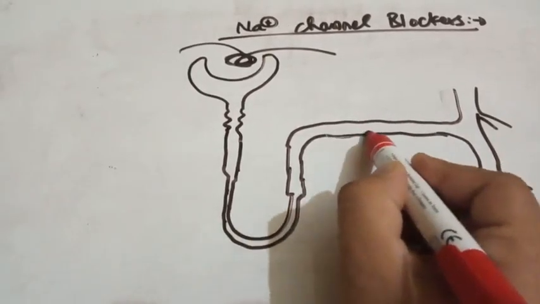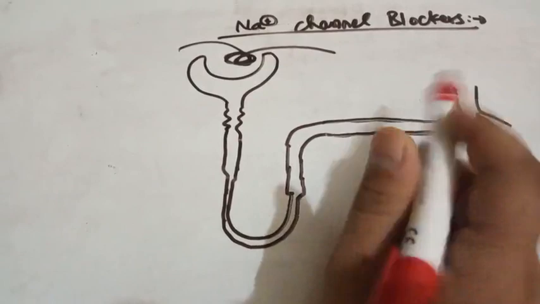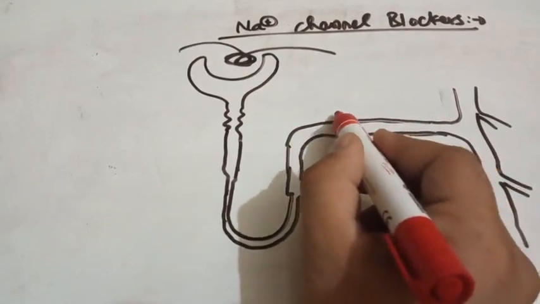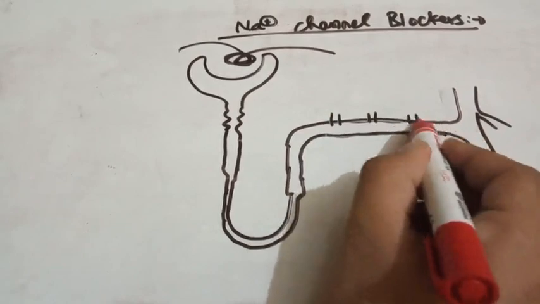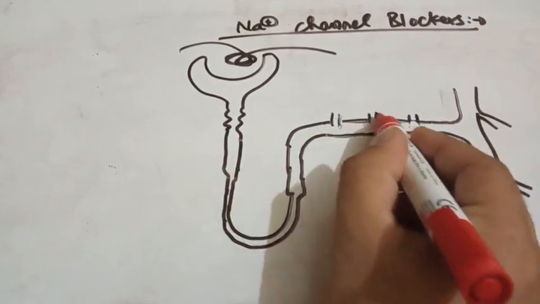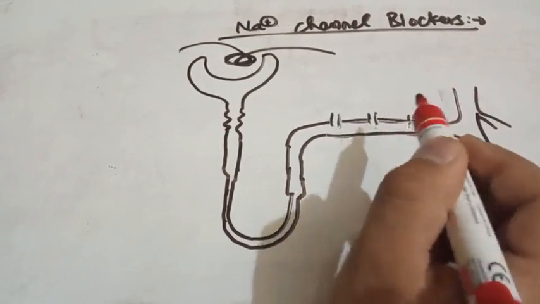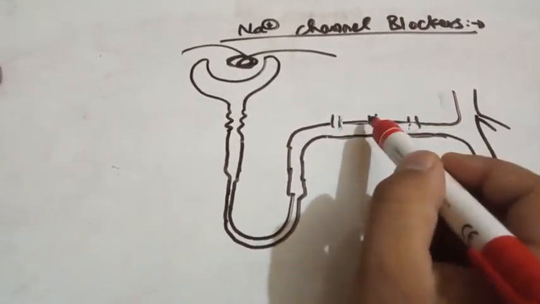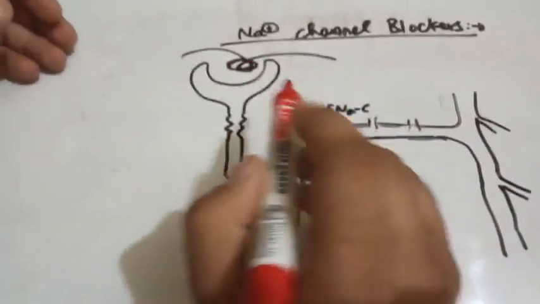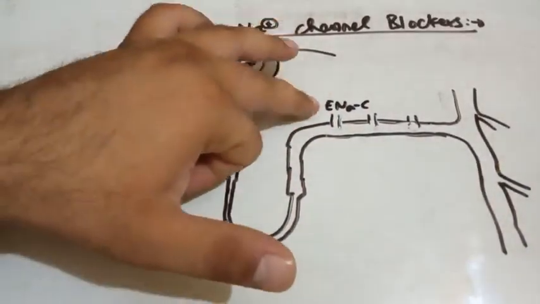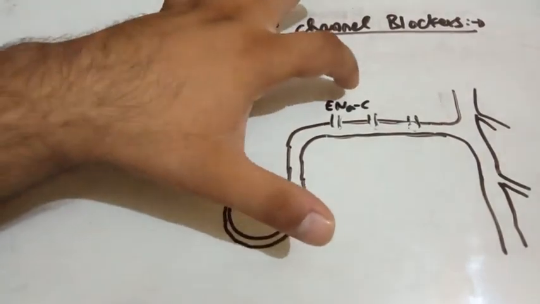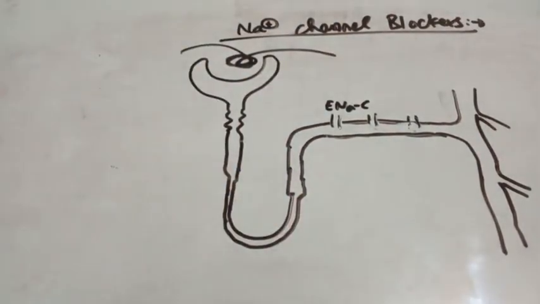In the membrane of DCT, the epithelial cells of DCT are called principal cells, and in these principal cells there are a few channels found. These channels are called ENaC, which stands for epithelial sodium channels.